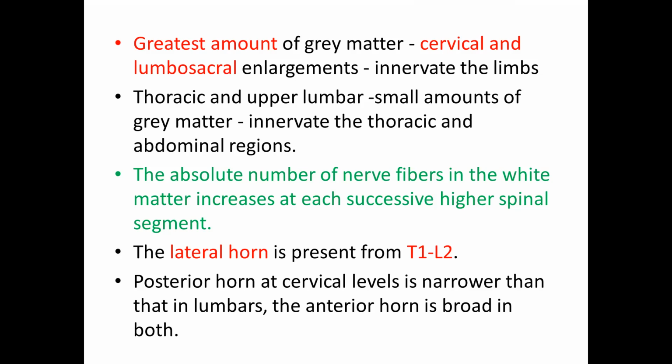The posterior horn at the cervical level is narrower than in the lumbar, and the anterior horn is broad in both, right? So these are different features of the different areas of the spinal cord. You don't have to know details, but when you look at a cross section of a spinal cord, you have to be able to guess at least what place it may be by these different characteristics.